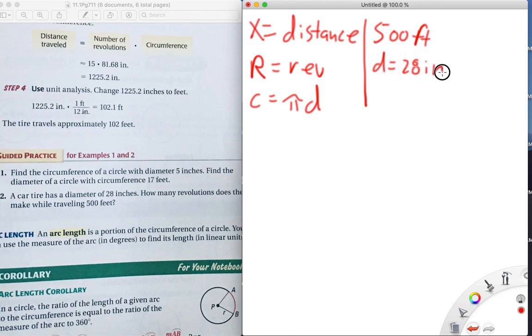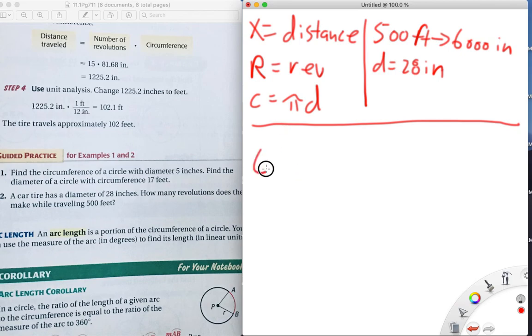Notice that the units are different. In order for us to use this equation, both units have to be the same. So it's easier to convert feet into inches, so I'm going to multiply 500 times 12 and get 6,000 inches. They want us to find out how many revolutions, or how many times the car tire turns, after going 6,000 inches.